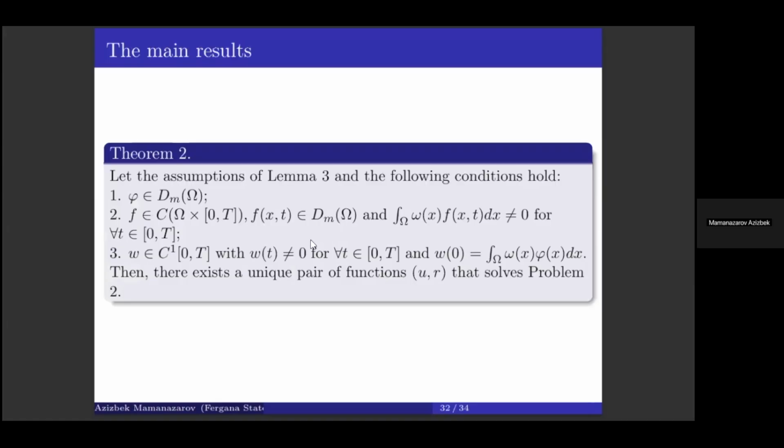Then this is our result for the second inverse problem. If phi belongs to the set of functions and f satisfies the following conditions. Moreover, if the w and w satisfy the following conditions, then the problem 2 has a unique pair of solutions u and r.